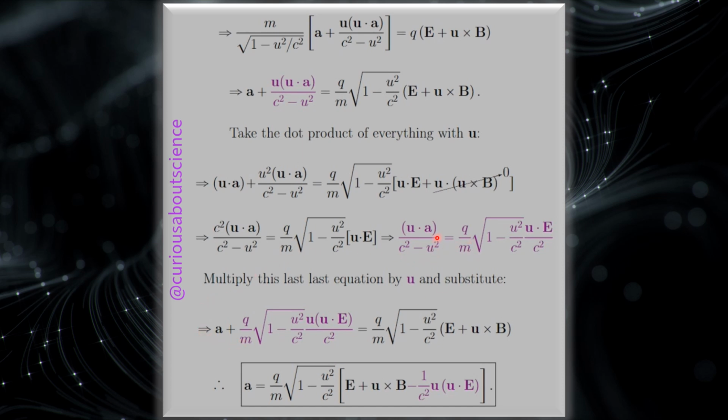You notice that we solved for this form of u·a over c² − u², and we can plug it into what we found earlier by solving for a alone. This time we don't have any a's on the right hand side, so we're able to solve algebraically pretty simply. Moving it over, we have q over m and the square root again, so we can factor that out.